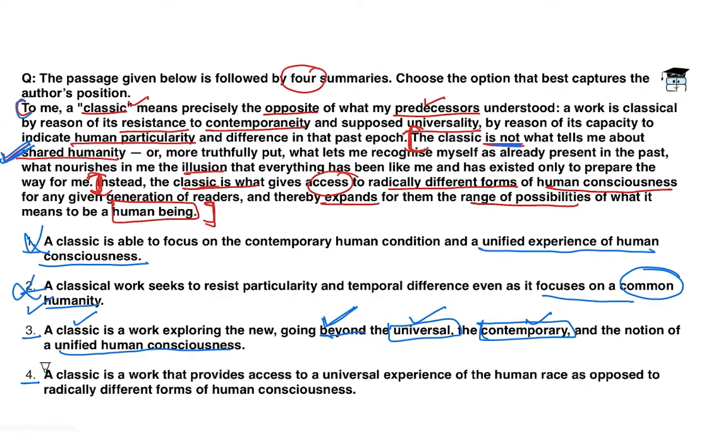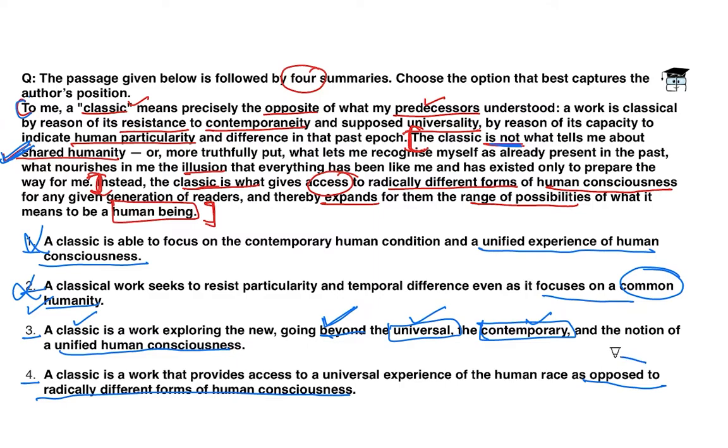Okay. A classic is a work that provides access to a universal experience of the human race as opposed to radically different forms of human consciousness. Now in the statement, I can clearly pick out the phrase opposed to radically different forms of human consciousness.